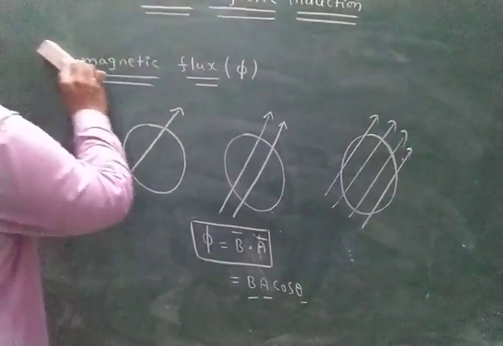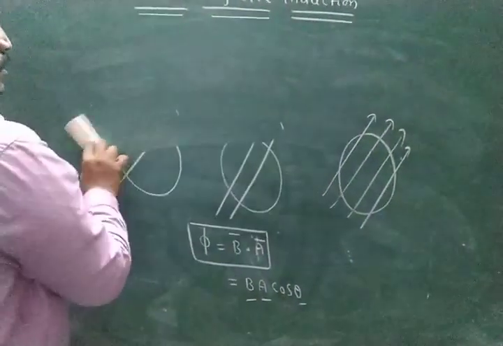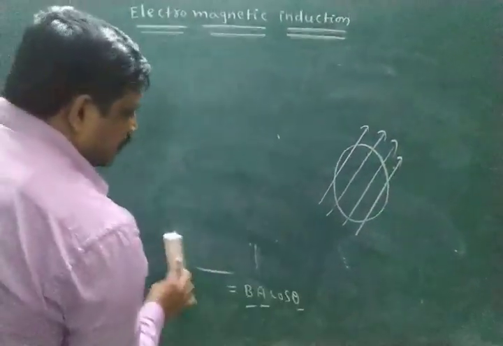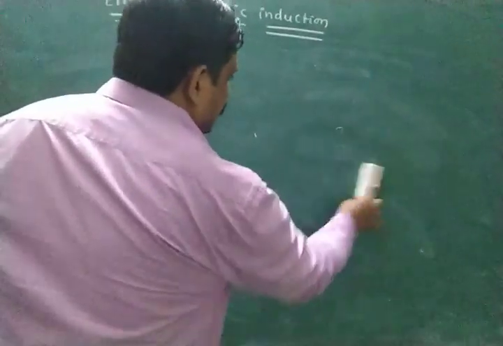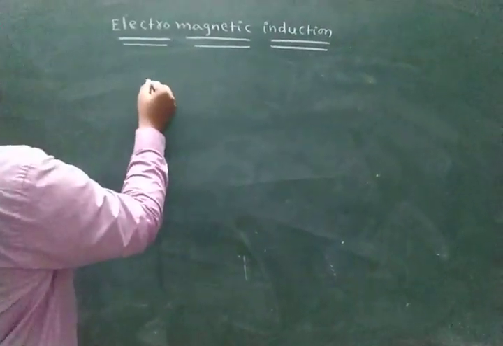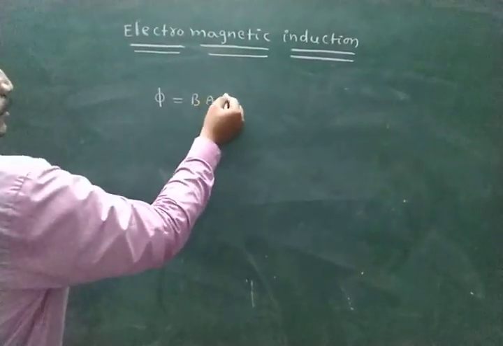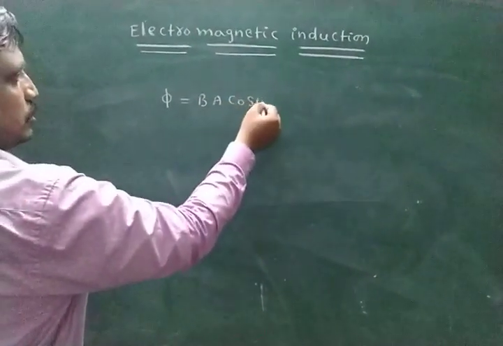What is the magnetic flux definition? Number of magnetic lines passing through a given area. What is the formula for magnetic flux? B A cos theta.